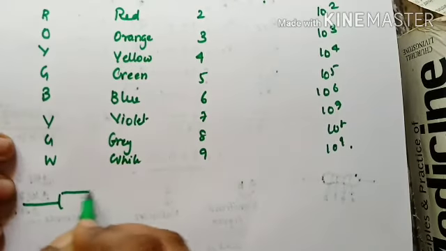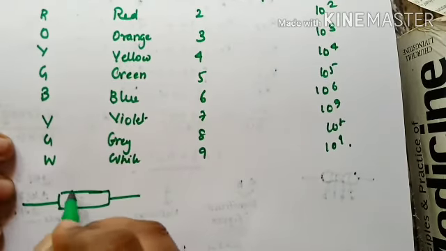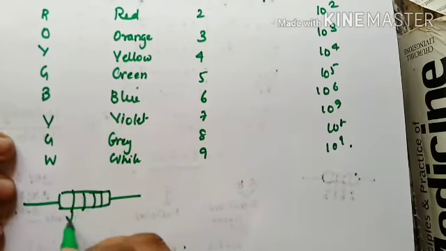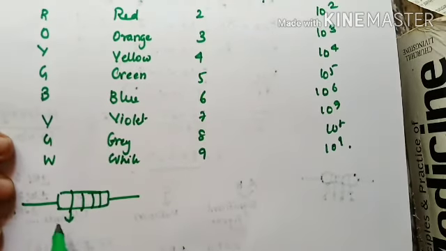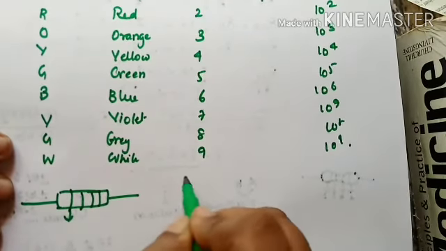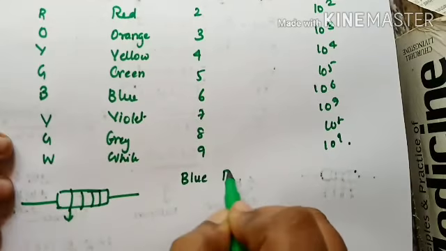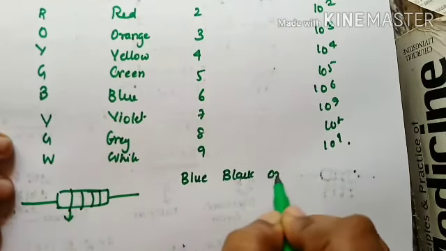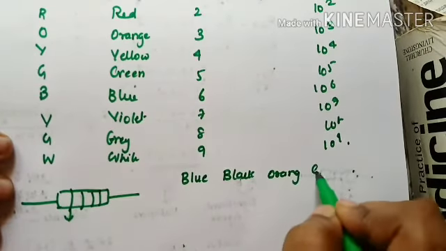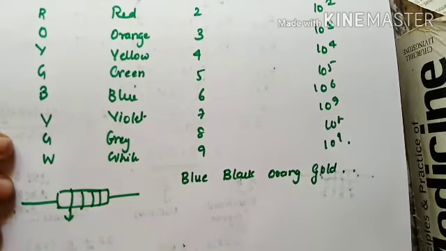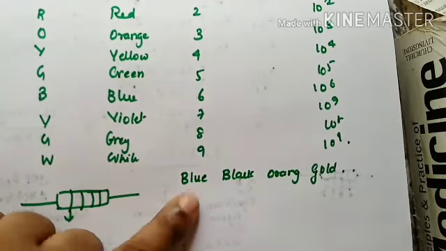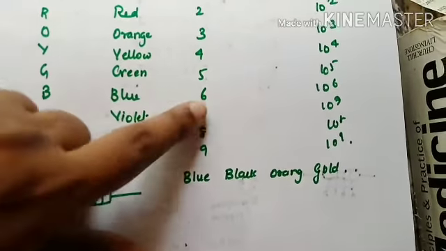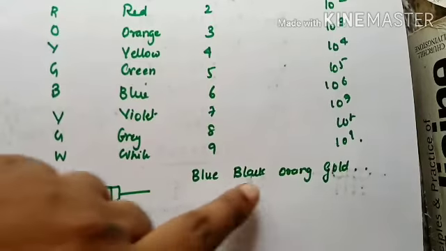Suppose this is your resistor with 4 colors. I'm going to write the colors here: blue, black, orange, and the last is gold. What is the first indication? The first 2 colors are for significant figures.